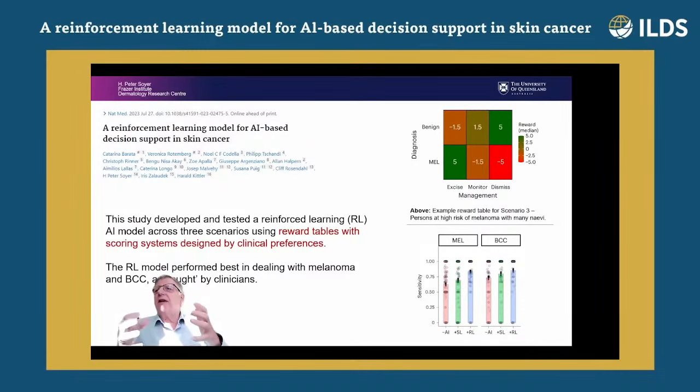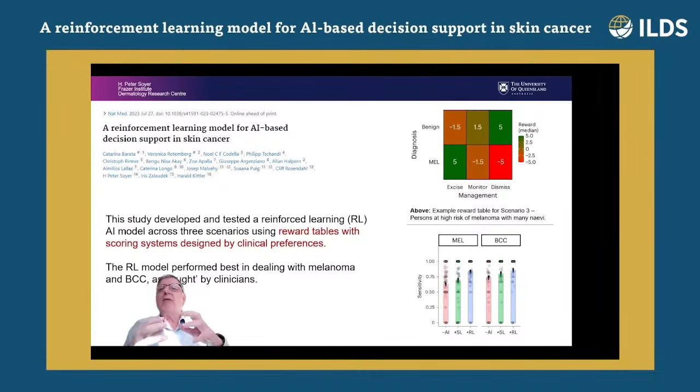For example, if you excise a melanoma, you get a high positive reward. If you dismiss a melanoma, you get a high negative reward. And if you excise a benign lesion, it's also a negative reward, but a slightly lower negative reward. This reinforcement learning model performed best in dealing with melanoma and BCC, as judged by clinicians.